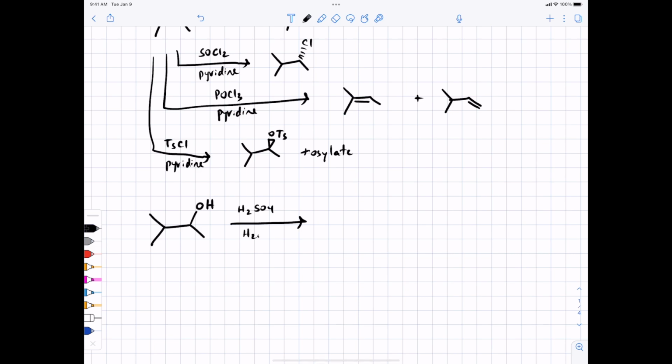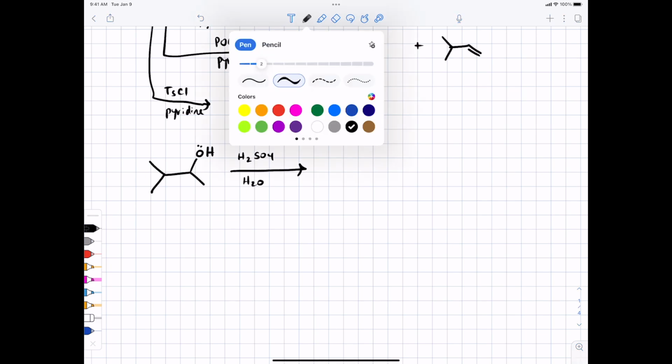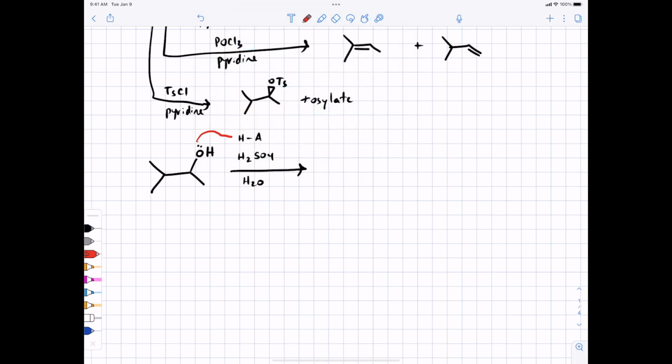So if you use H2SO4 and water, I'm going to abbreviate the structure of H2SO4 with HA and the mechanism I'm going to show you. We protonate the OH group. Same first step as the reactions above with HBr or HCl. That turns OH into a good enough leaving group, and it leaves.